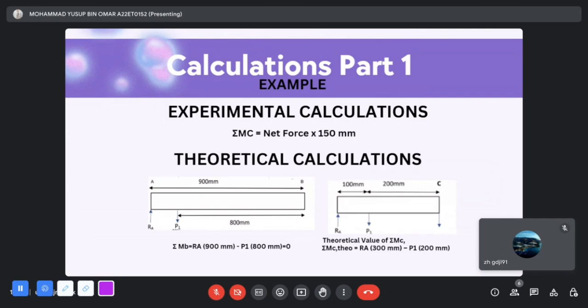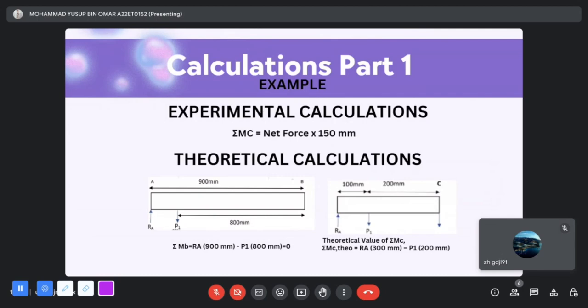First, we need to calculate the moment at B. As you can see, the summation of moment B equals RA times 100 millimeter, which is the distance between A and B, minus P1, the first hanger, times the distance between B and P1, 100 millimeter, equals 0.